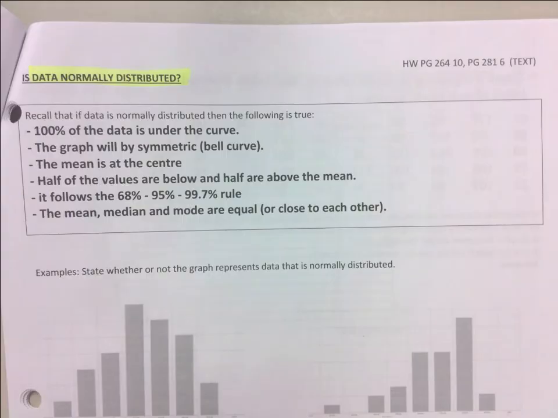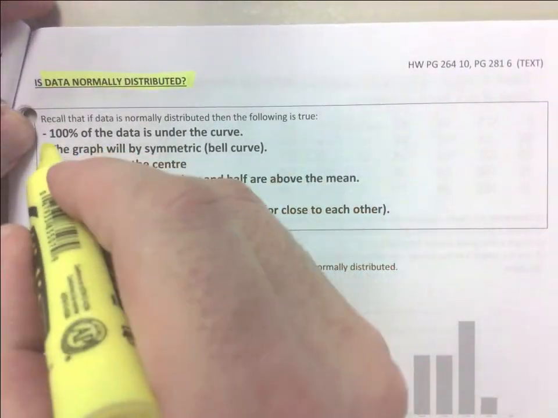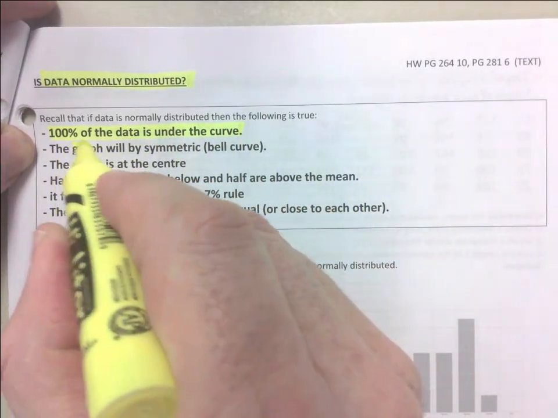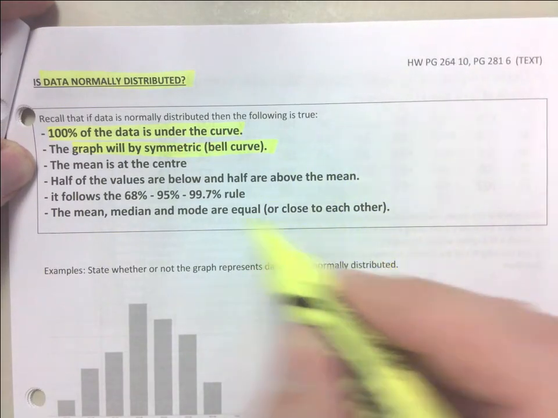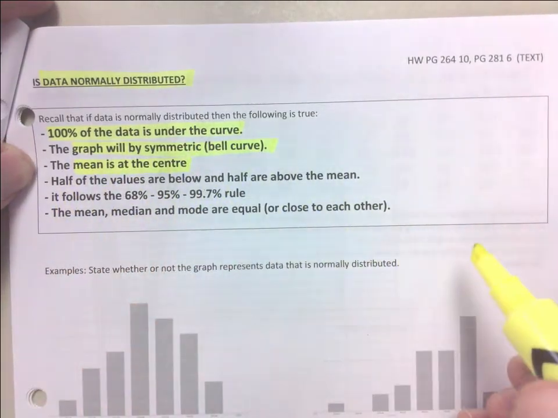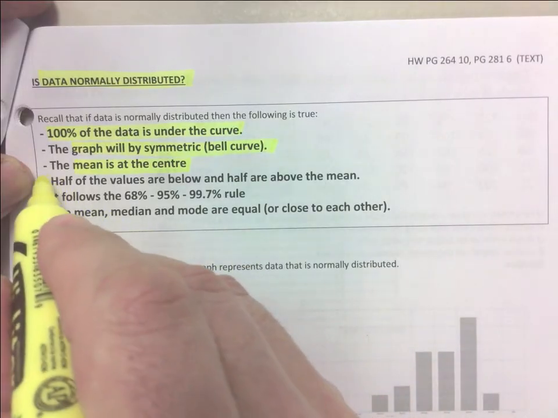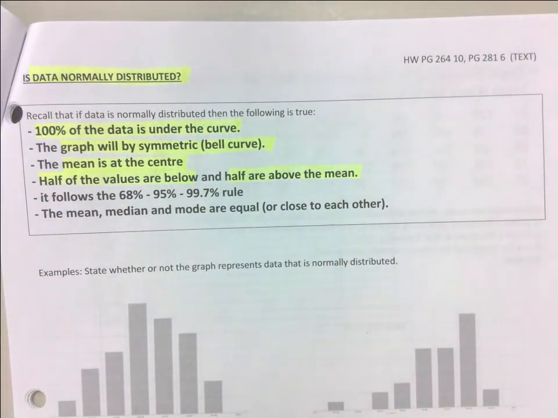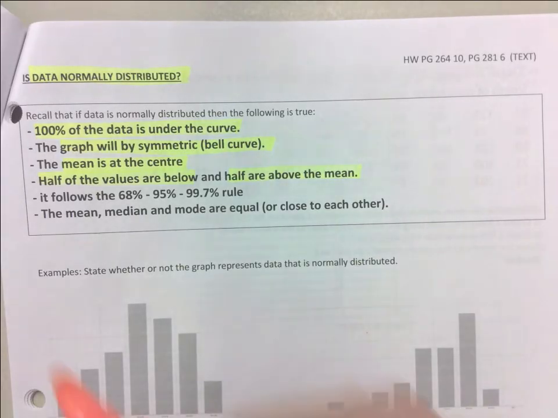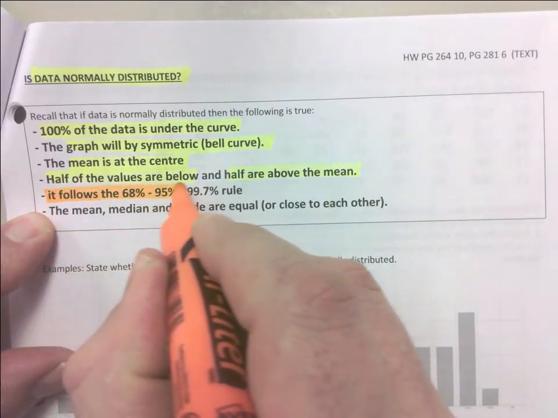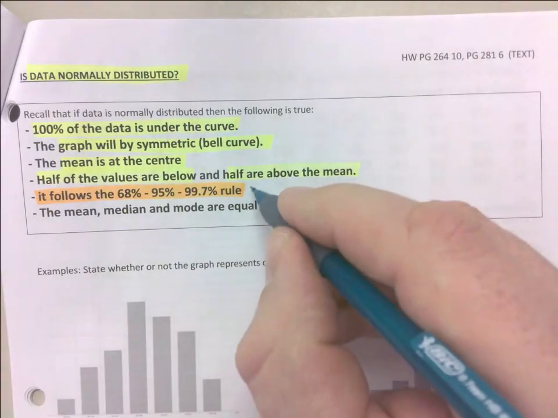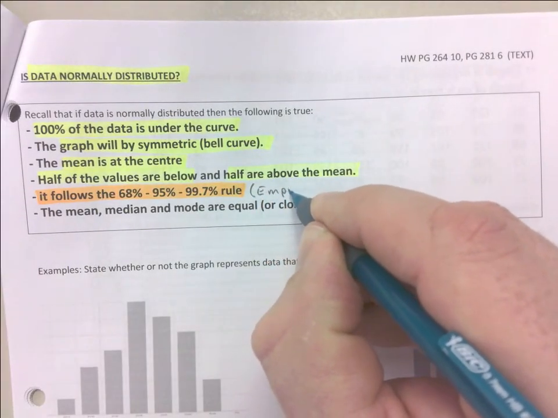Some of the things we're looking for: obviously 100% of the data is under the curve, the graph will be symmetric, the mean is at the center, and half of the values are below and half are above. These are all indicators. But the one we're going to focus on the most is that it follows the 68, 95, 99.7 rule, the empirical rule.